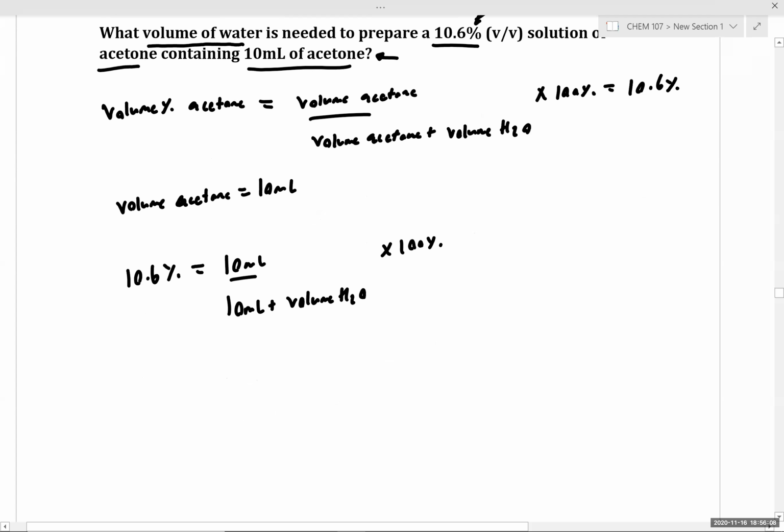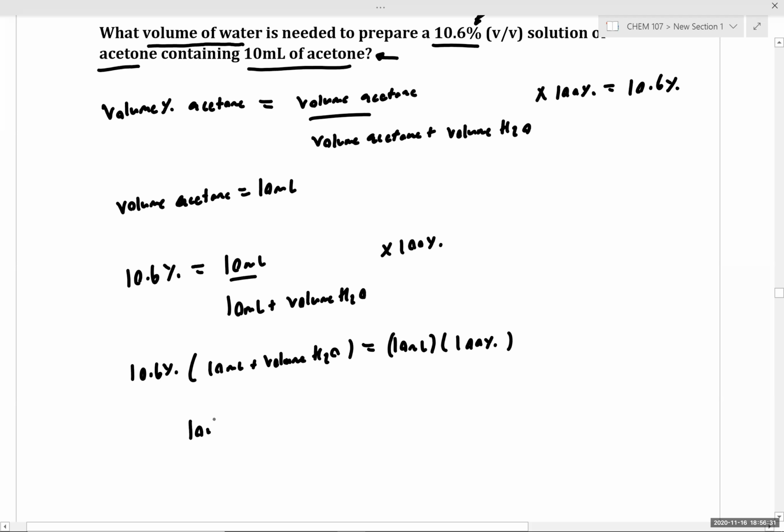Keep in mind our units of volume are in milliliters currently. So we have 10.6% times 10 milliliters plus the volume of water is equal to 10 milliliters times 100%.